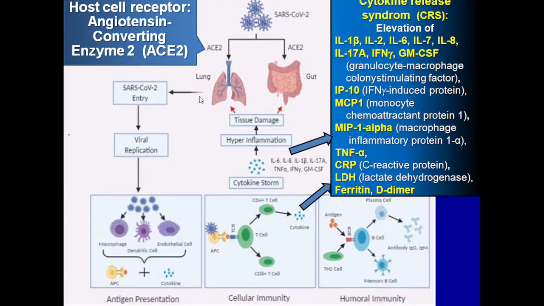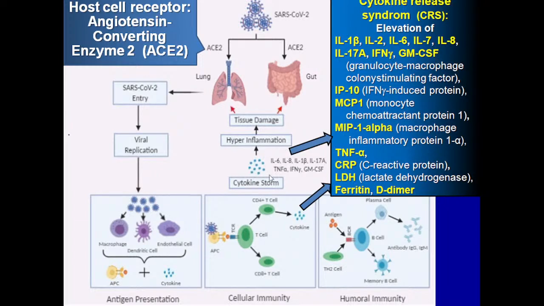Host cell receptors, these are angiotensin-converting enzyme here, right, and in the gut, and as a result, the cytokines released will be interleukin 1 beta, 2, 6, 7, 8, 17A, gamma interferon, and granulocyte-monocyte colony stimulating factors.